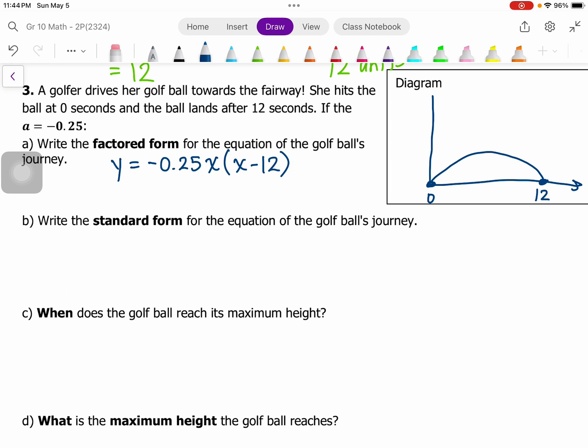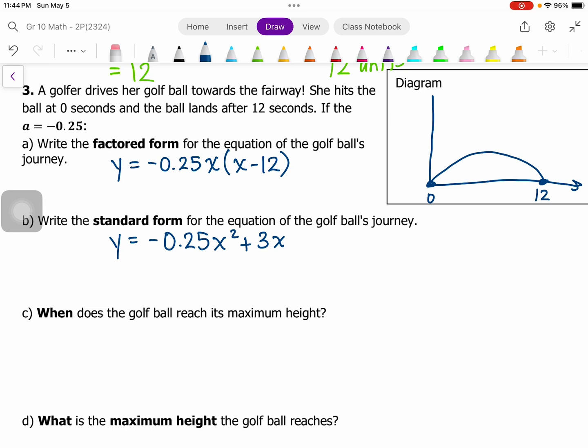Next question is to convert to standard form, so I'm going to multiply through. Once again, because I don't have x plus or minus a number here, I can just take this 0.25x and multiply that through. So y is equal to negative 0.25x squared plus 3x.